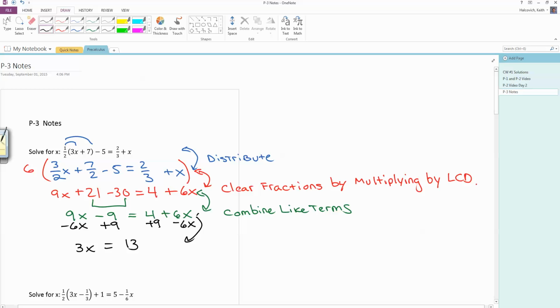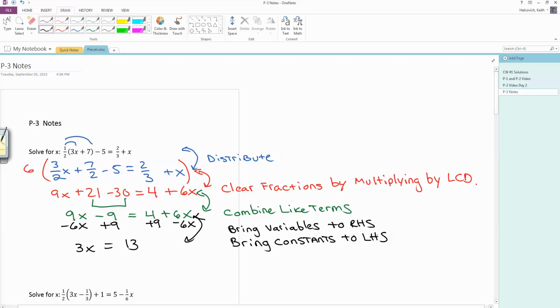So from here to there, we brought the variables to the left-hand side and brought the constants or numbers to the right-hand side.